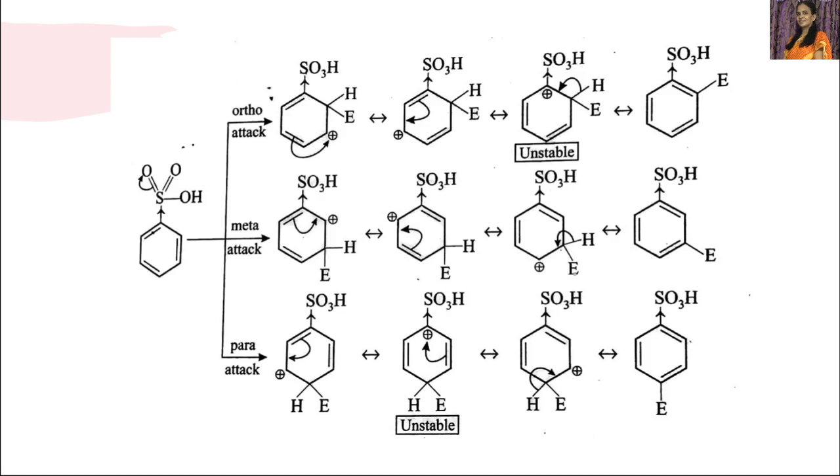So you can see here in the meta attack, there is no positive charge on the carbon to which the SO3H group is attached. Therefore, this is the more favored path. We can say that whenever the SO3H group is present on the benzene ring, at ortho and para positions the electron density is decreased. Therefore, the electrophile has to go to meta position. This is the more favored path.